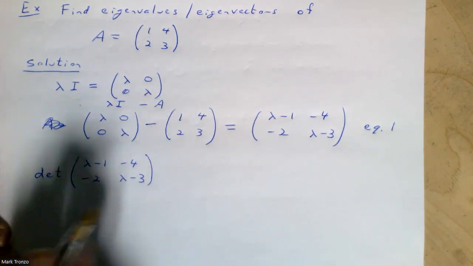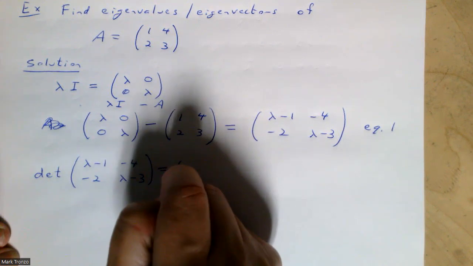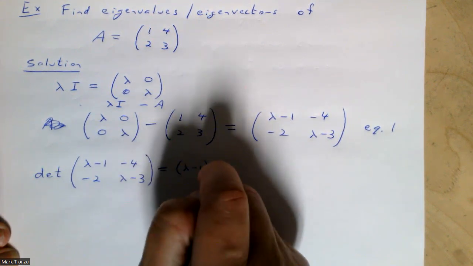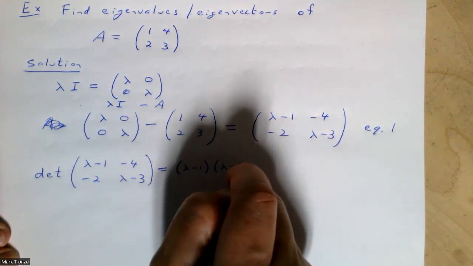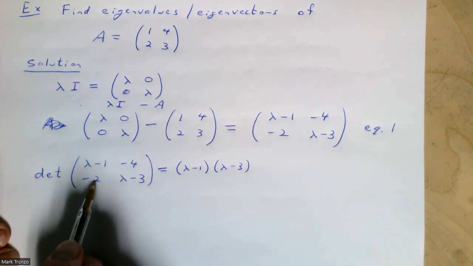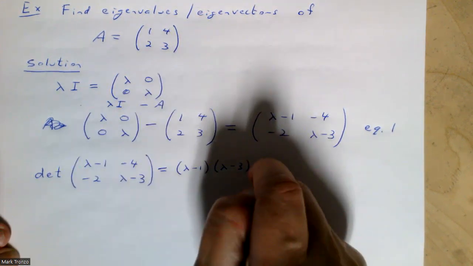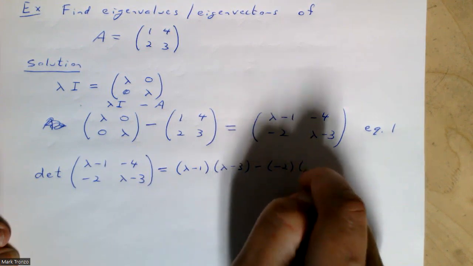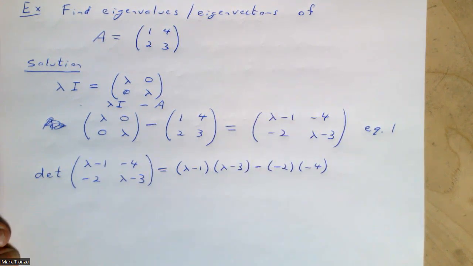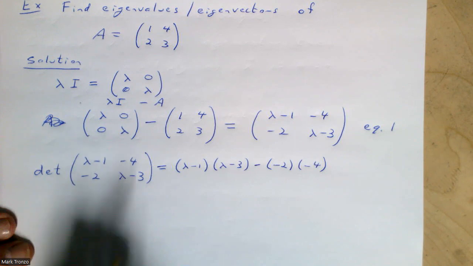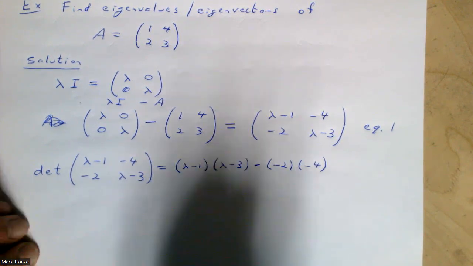Remember, that's this times this, minus this times this. And we're going to set this equal to 0.